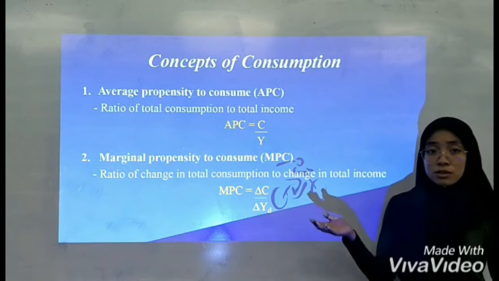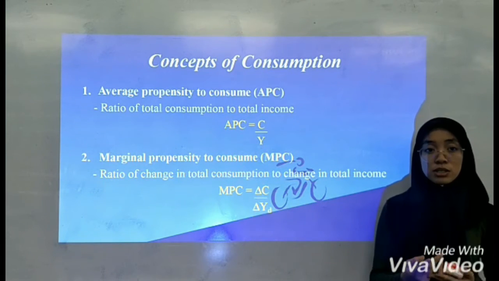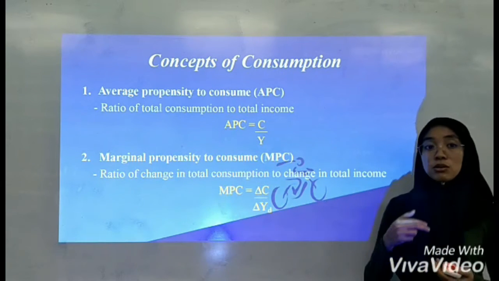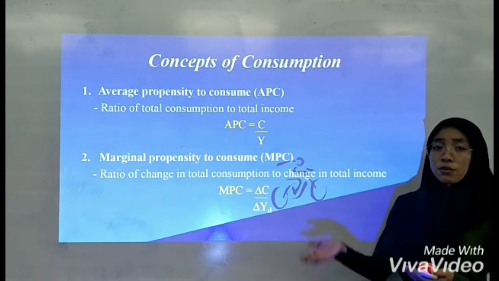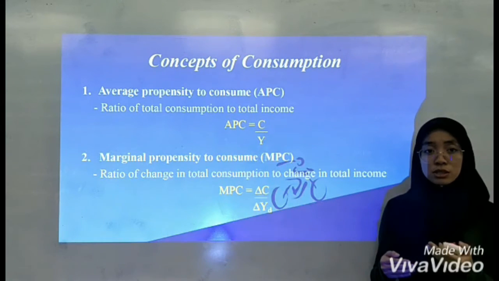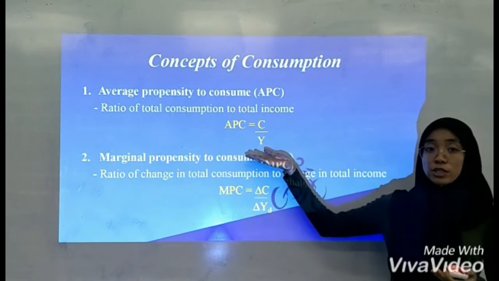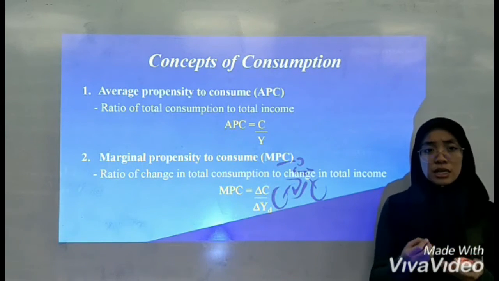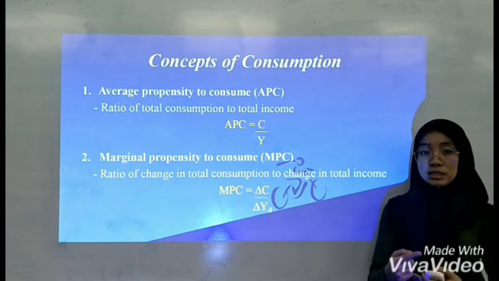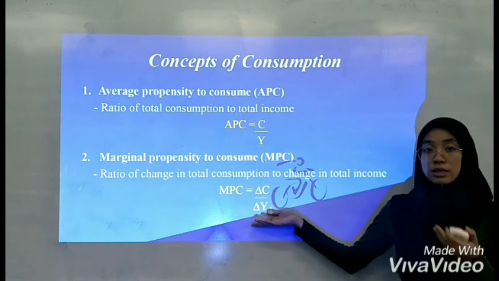For the concept of consumption, there are 2 concepts: average propensity to consume (APC) and marginal propensity to consume (MPC). APC is the ratio of total consumption to total income, as in this equation. MPC is the ratio of change in total consumption to change in total income, as in this equation.